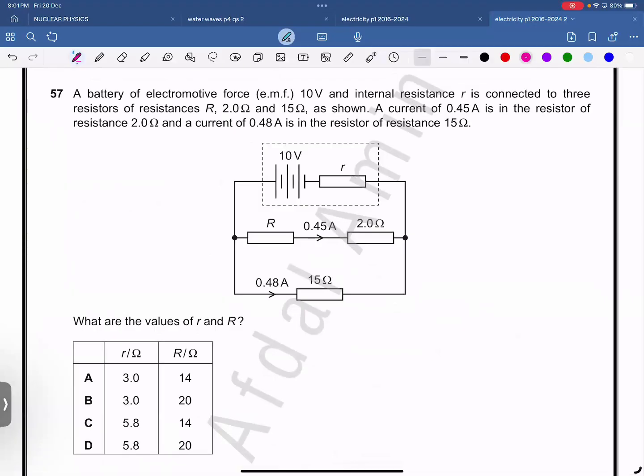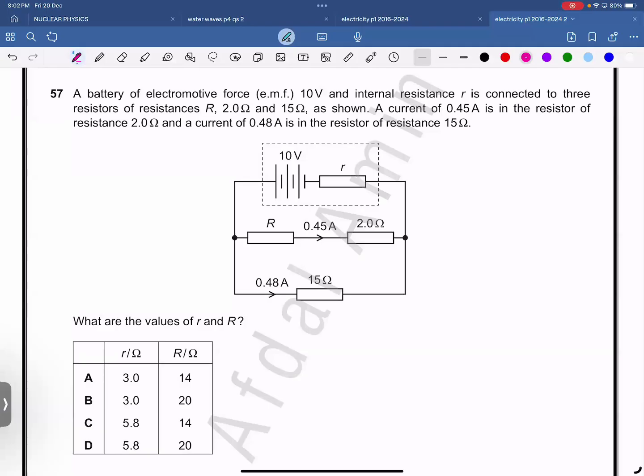57. Both laws, first and second, we will apply. The battery of EMF 10 volt, internal resistance is r, is connected to three resistors: 2 ohms, 15 ohms, and R. A current of 0.45 ampere is in the 2 ohm resistor and R, and 0.48 ampere is in the 15 ohm resistor. What are the values of r and R? My dear, both laws. First use Kirchhoff's first law and then second law.